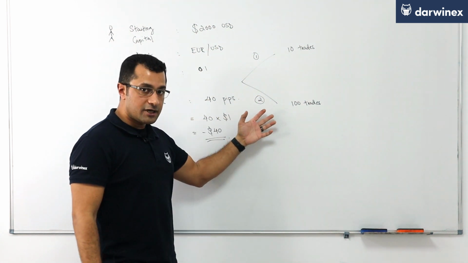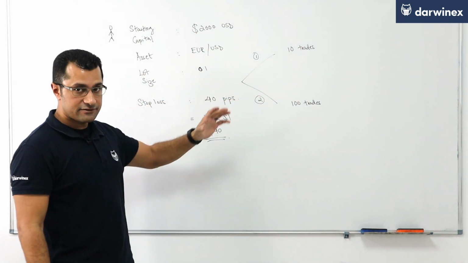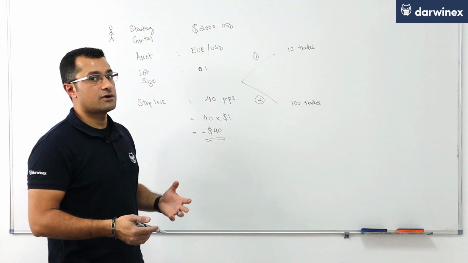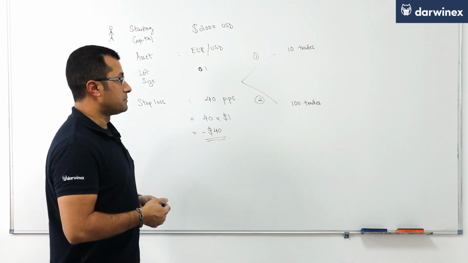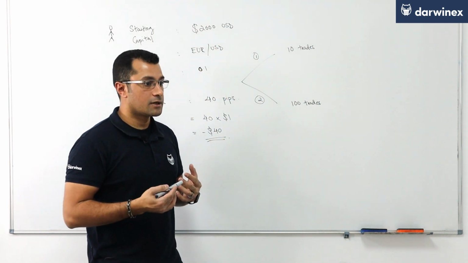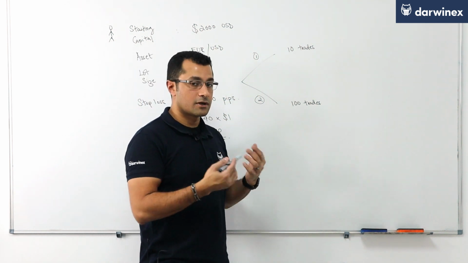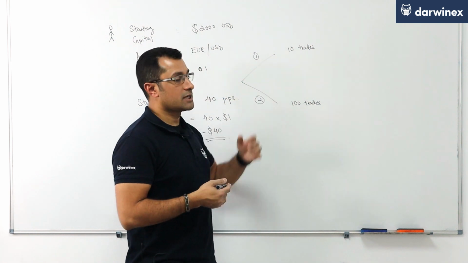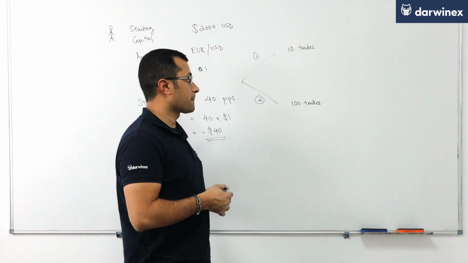Based purely on the frequency of these modes of operation being different, the risk of this trading strategy will also change, because with 100 executions per month, you're obviously going to have a lot more opportunities to incur losses than would be the case when you're taking on only 10 trades per month.